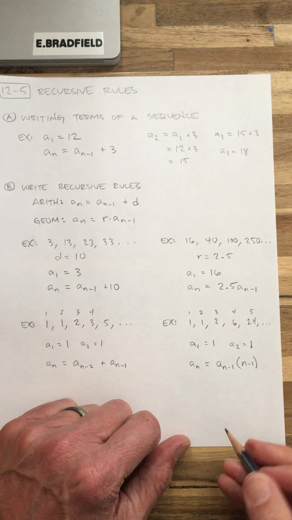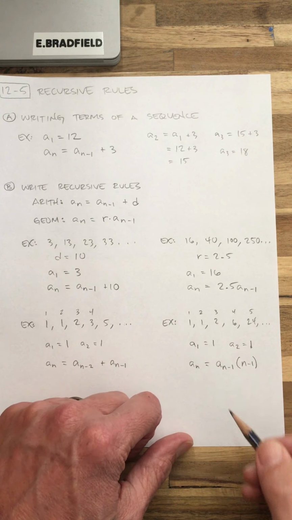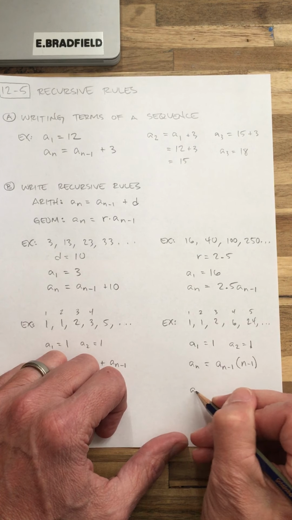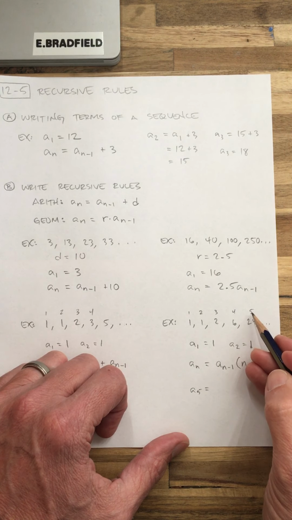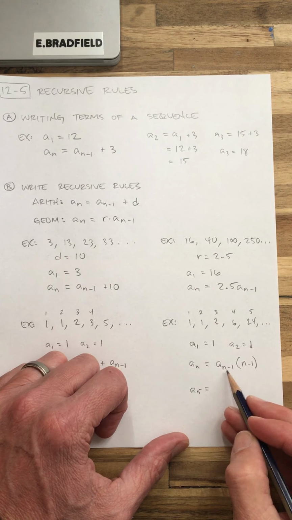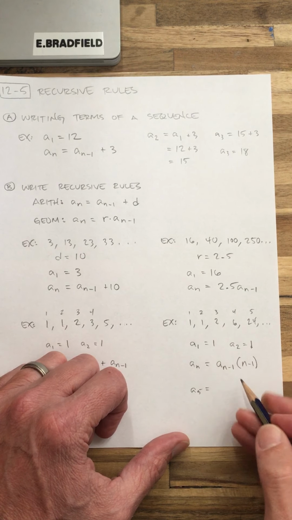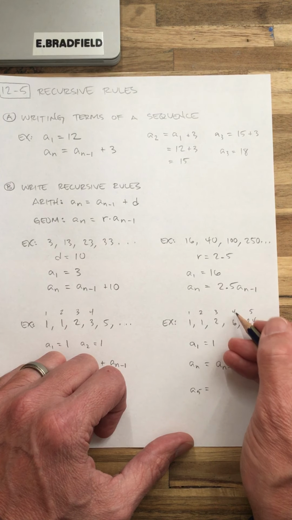Let's see if it works. Let's try to do a sub 5. If it doesn't work, I'll crumple this up and we'll all take a break. So a sub 5 is going to be the term before it, which is a sub 5 minus 1, the fourth term, which is 6.